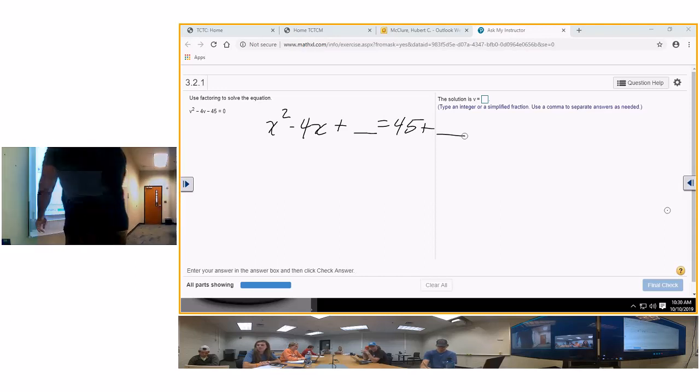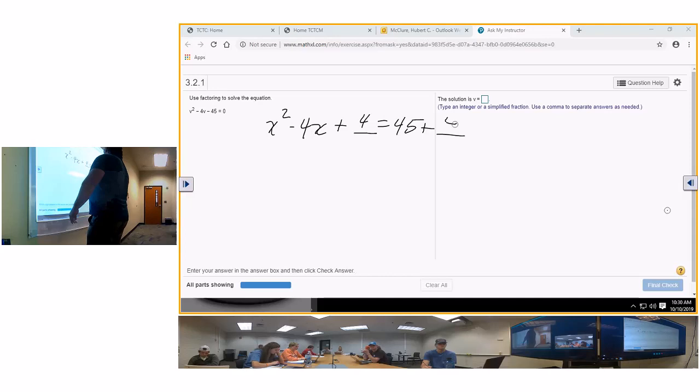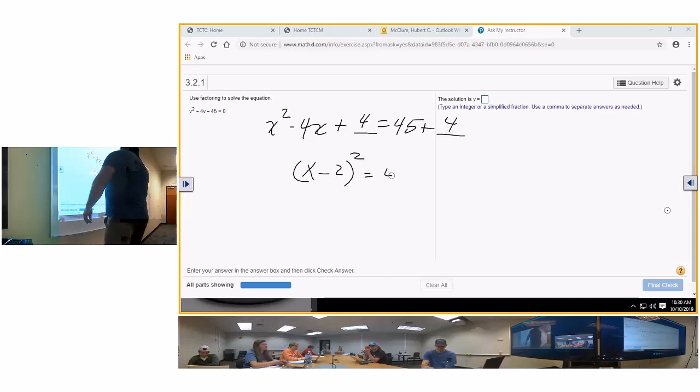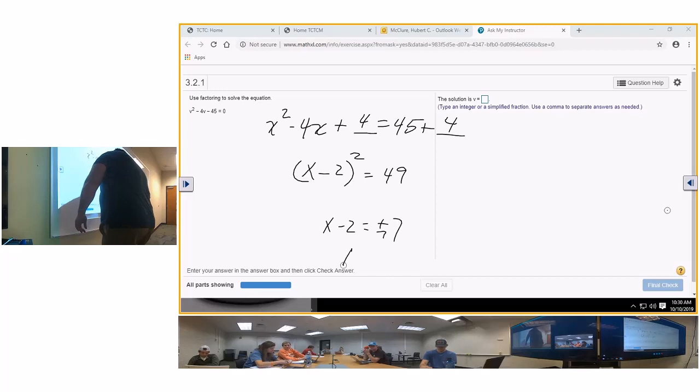What's half of 4? 2. 2 squared? 4. 4x minus 2, quantity squared, is equal to 49. Square root x minus 2 is equal to positive or negative 7. X is equal to 7 plus 2 is 9. So negative what? Negative 5.